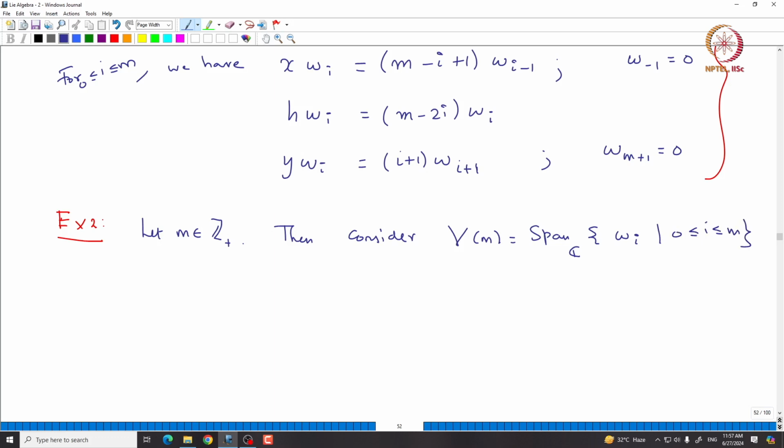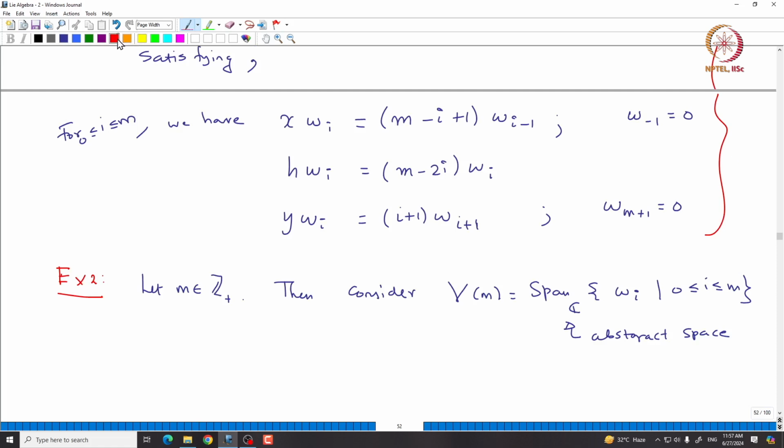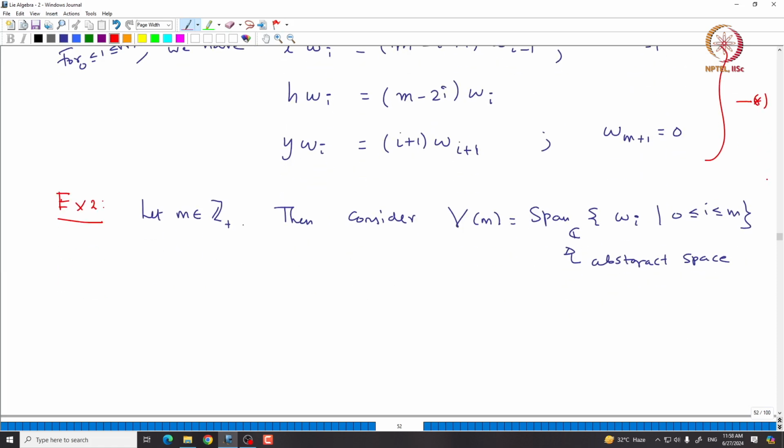Now we are considering an abstract space spanned by some symbols Wi, and now define, let us call this star, the action of sl2c using the formulas that we have in star.